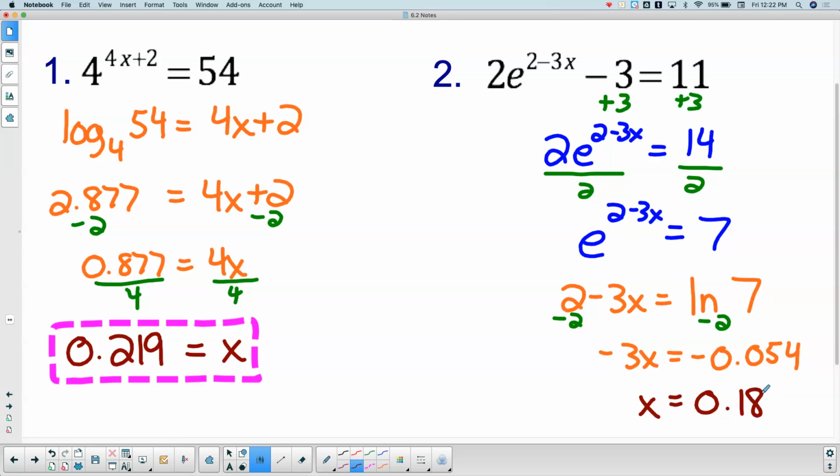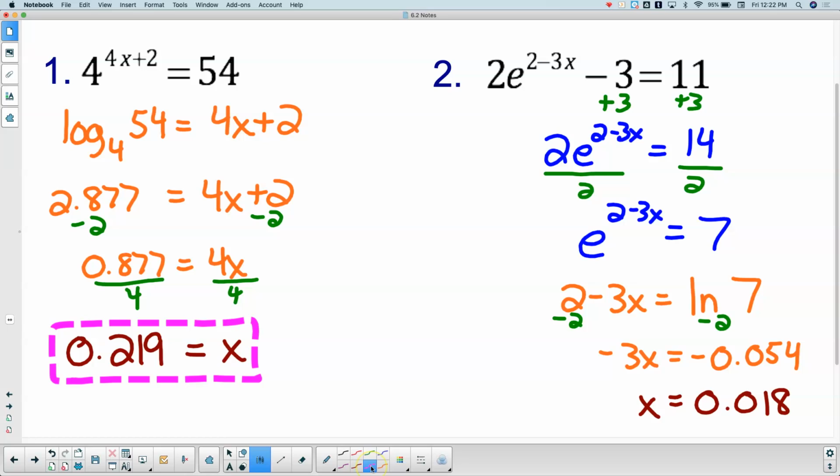Oops, I forgot a 0 in there. If I take that times 3, 2 minus that, e to that power, times 2 minus 3 gets me 11. Yep.